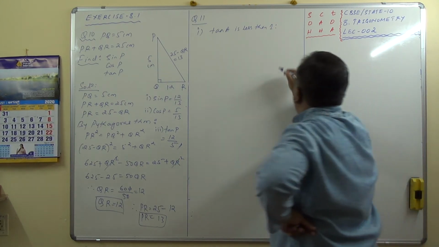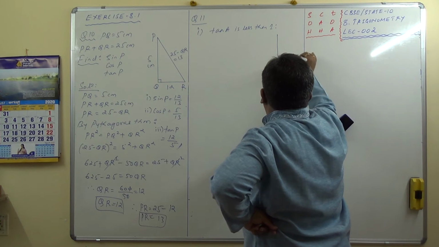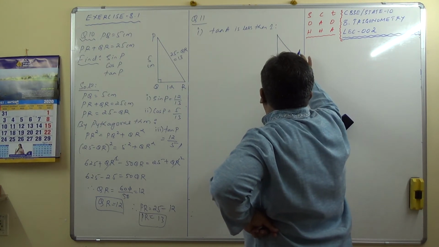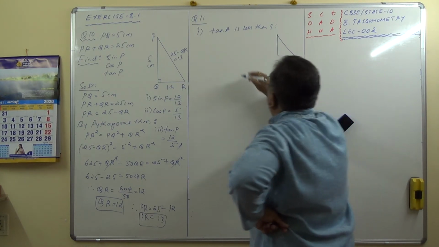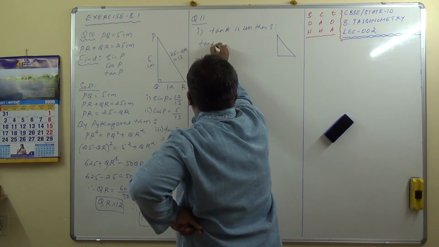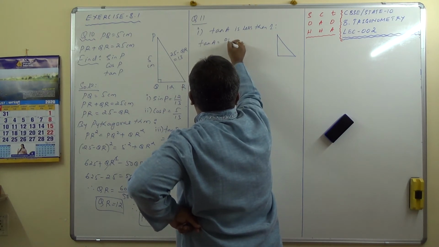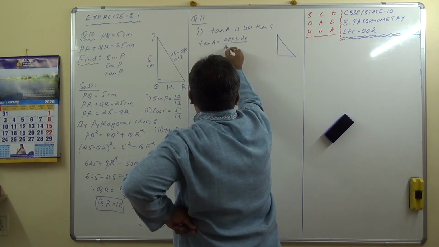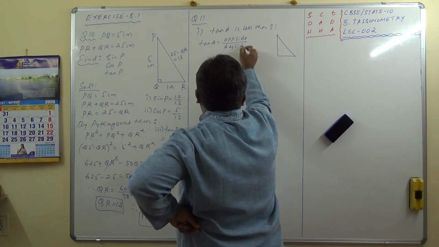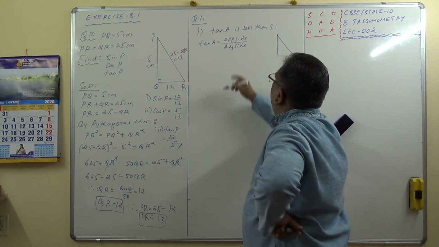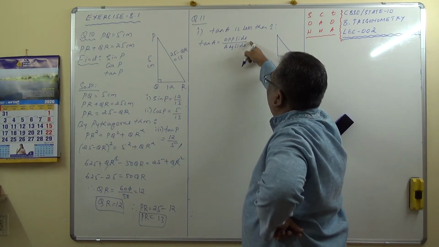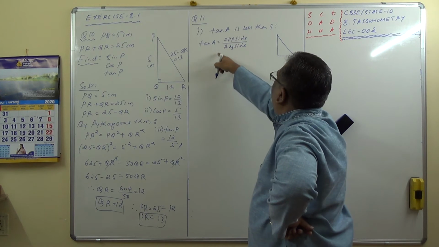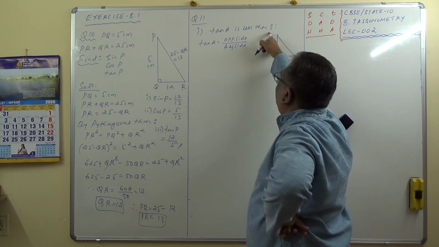See here, tan of A equals opposite side divided by adjacent side. If opposite side is greater than adjacent side, then tan A value is greater than 1.